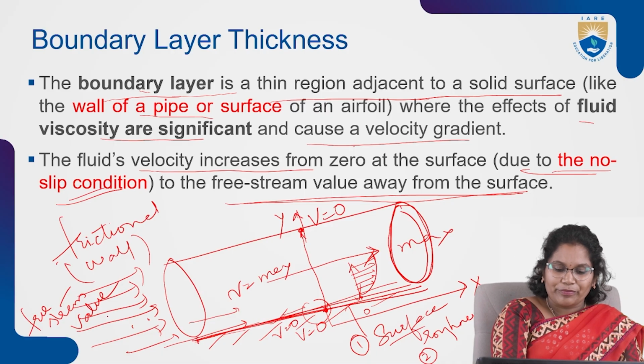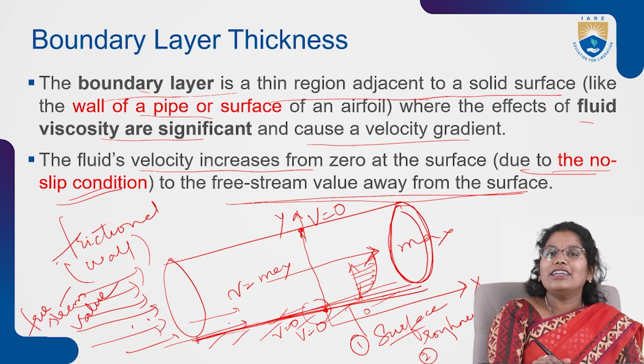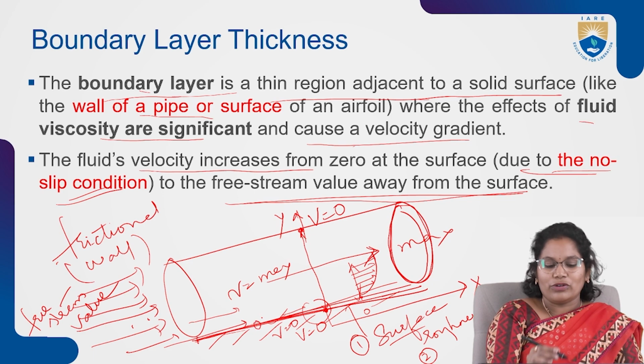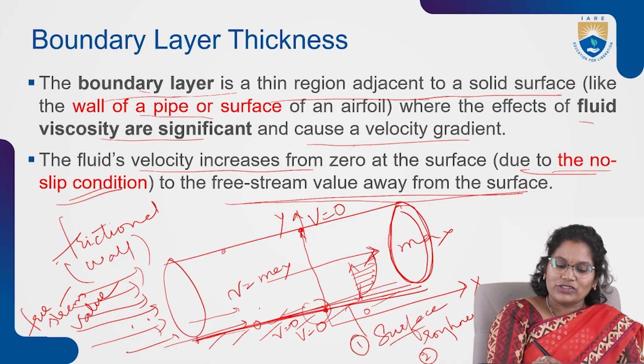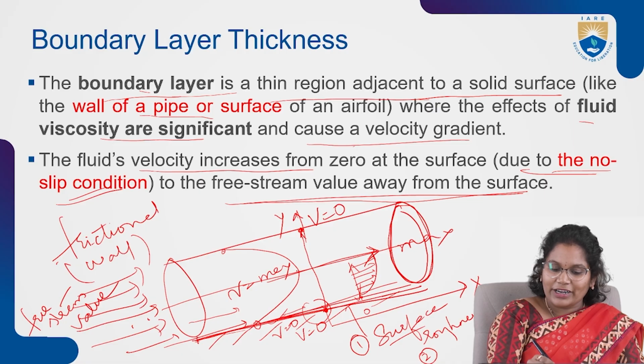When this fluid gets inside the pipe, at the boundaries the flow resistance is zero. So we are seeing maximum velocity at the center.